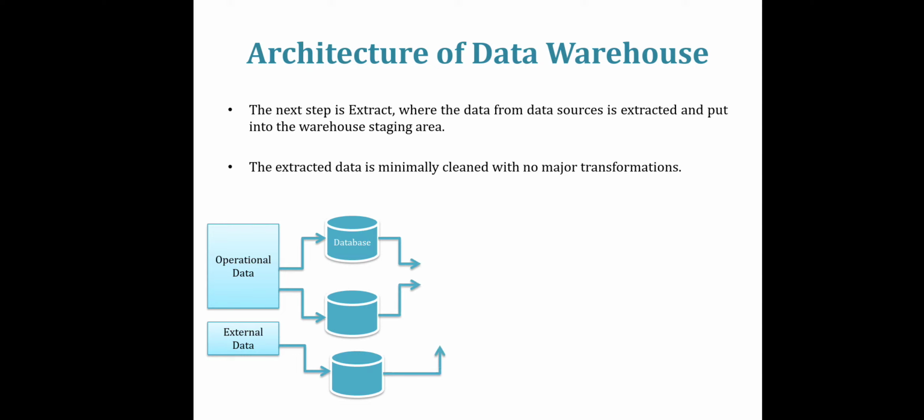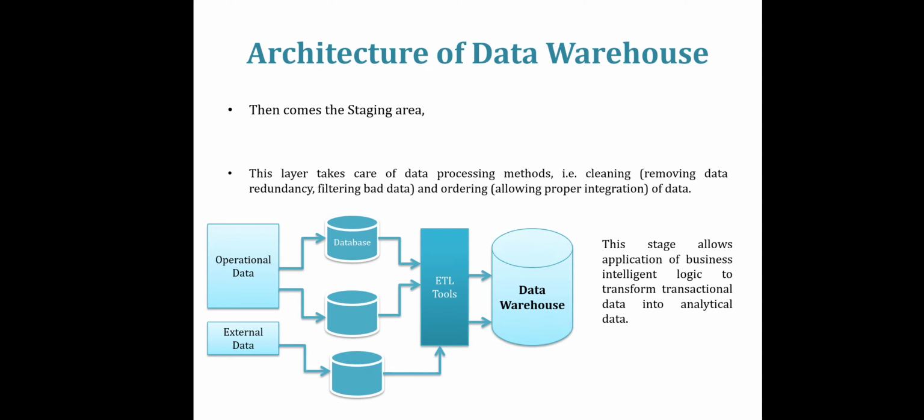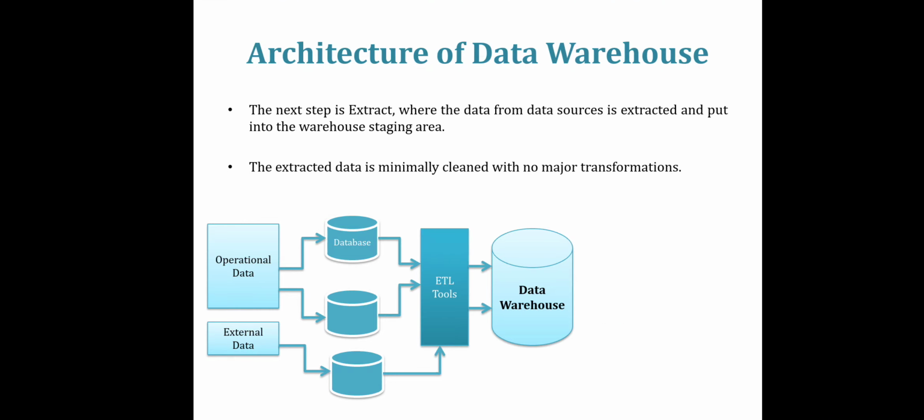So we are applying some cleaning, a minor transformation. For that purpose we use the ETL process, extract, transform, load, and then we load that data into our data warehouse staging area. So this is the second step, where we extract data, apply minimal transformations, and load that data into the data warehouse.